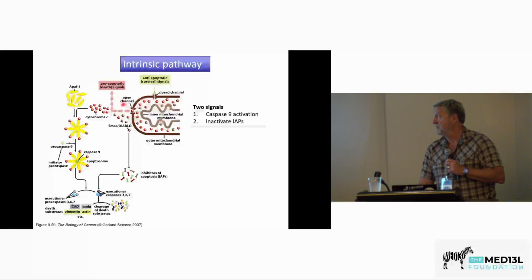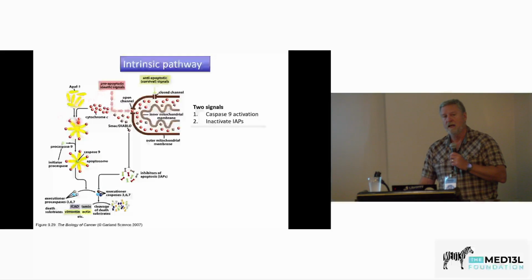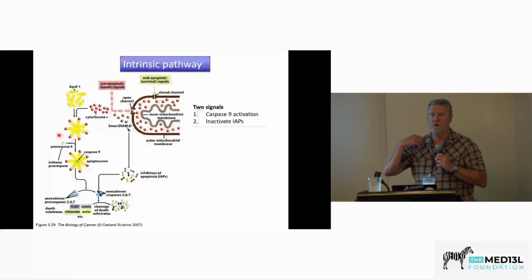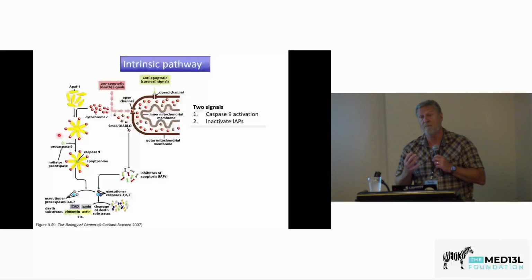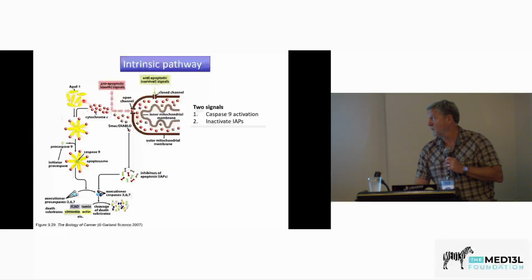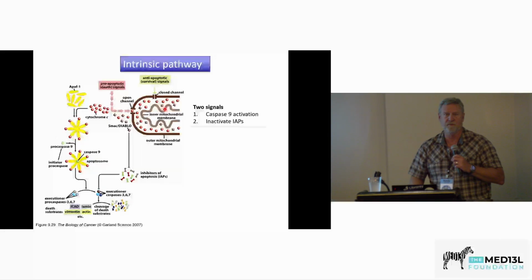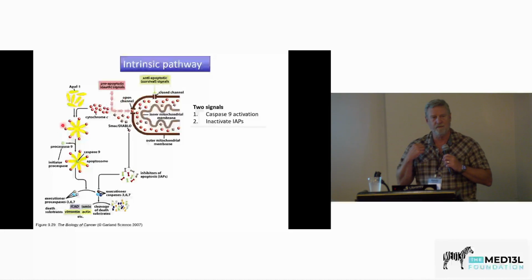However, when cytochrome C gets out into the cytoplasm, it activates a series of proteases that chew up proteins, and this is how the cell kills itself, the apoptosis effect. So cytochrome C in the mitochondria is involved in making energy. You take it out into the cytoplasm, and it's the Darth Vader of cell death.